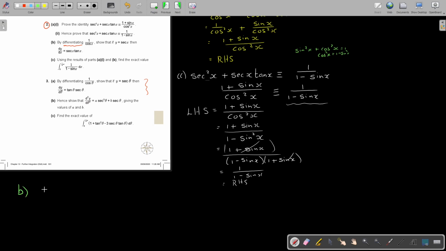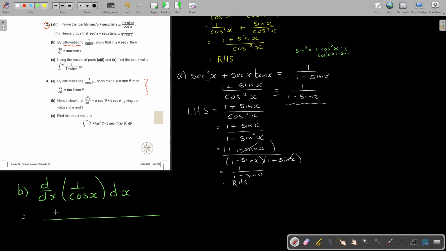Now as soon as I differentiate d over dx of 1 over cos x, just think of the quotient rule. That's what I'm going to do. It's division. So how is the quotient rule working? Can you recall?